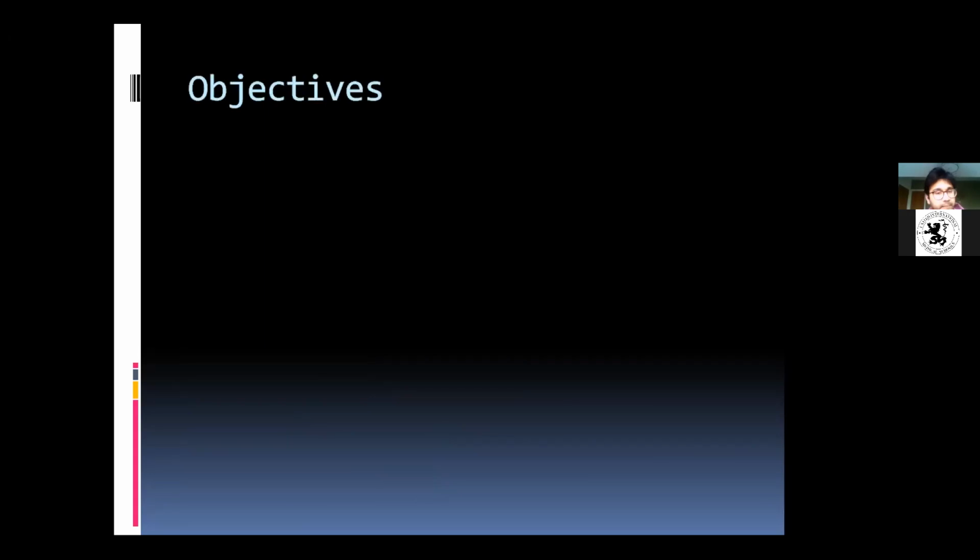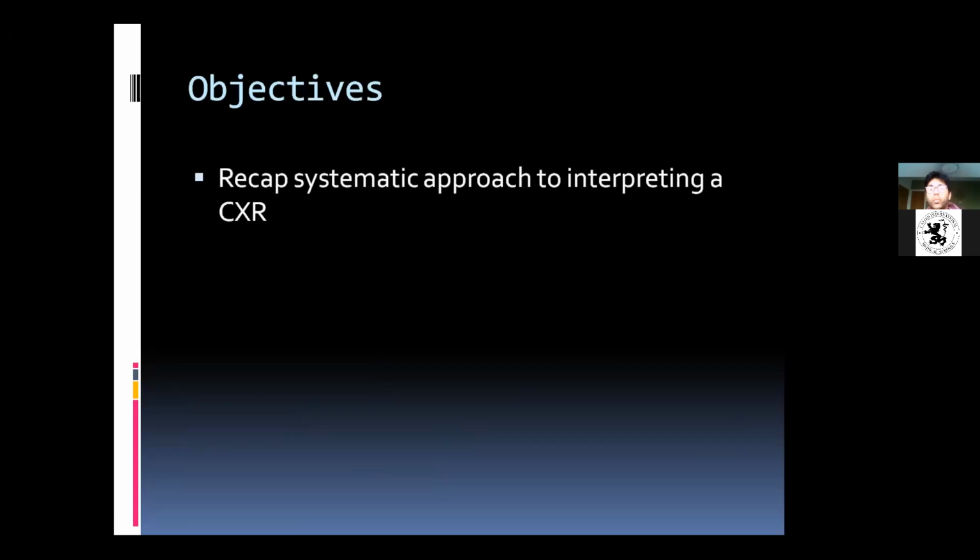So basically, the objective of this lecture is to recap what I mean by a systematic approach in terms of interpretation, so what you need to cover whenever you're reading an X-ray. I did mention this last time as well, but for those of you who weren't there, there is no single approach when you are looking at a chest X-ray.